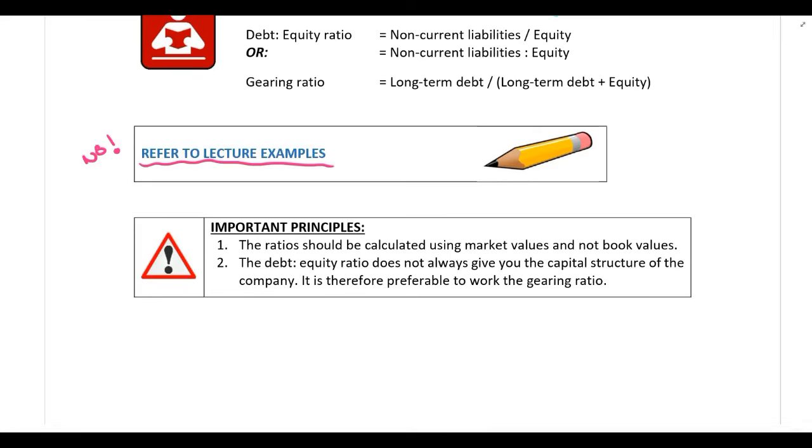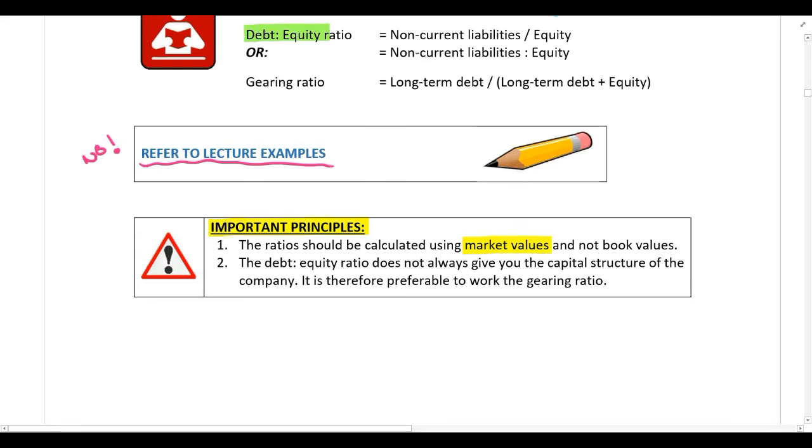Then you'll see after all of the lecture examples, I just pull out the most important principles that are covered in those lecture examples. So you'll see when working through the lecture examples, all of the ratios should be calculated using market values and not book values. So you use the market value of debt and the market value of equity in these ratio calculations above.